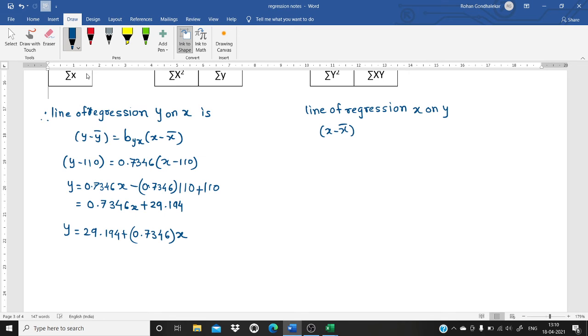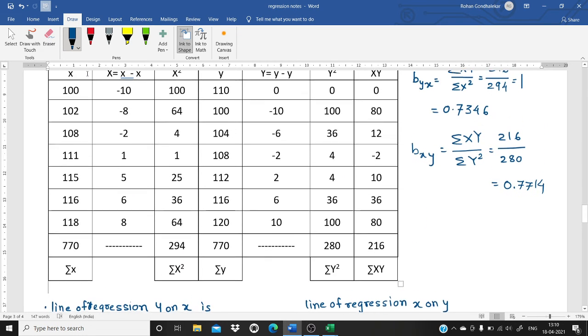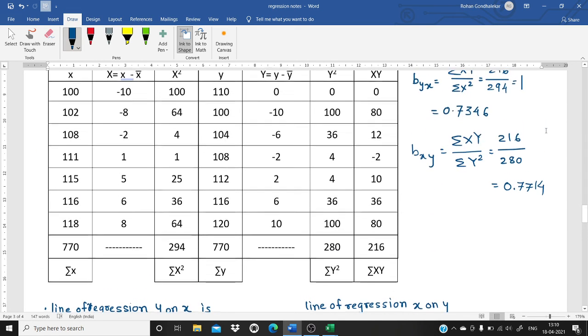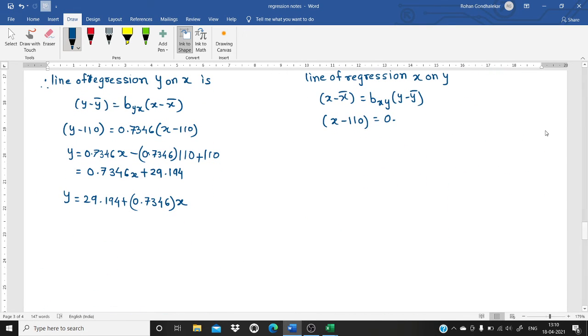X minus x bar is equal to bxy into bracket y minus y bar. So x minus x bar is, what? 110 is equal to bxy. What is the value of bxy? 0.7714. See here, 0.7714. So 0.7714 into y minus 110.